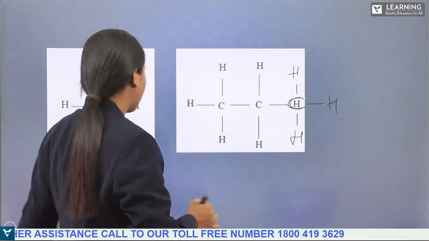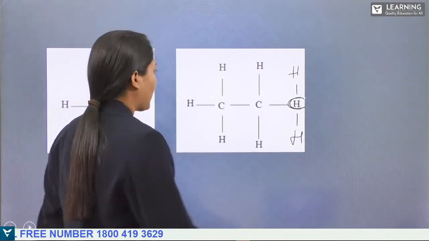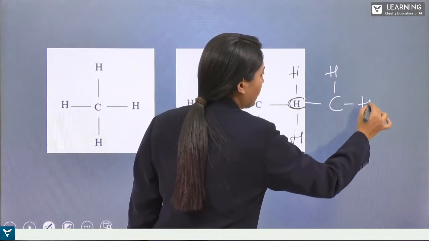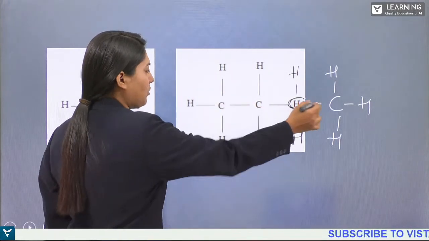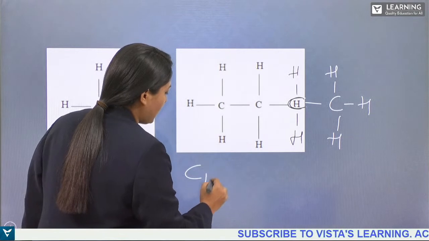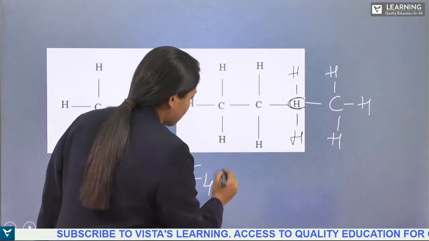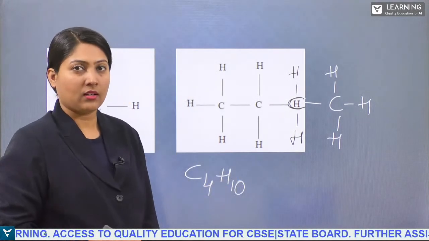If I remove this hydrogen and again introduce one more methyl group, what happens? 1, 2, 3, 4. So C4, and hydrogens 3, 4, 5, 6, 7, 8, 9, 10. So H10. So this is butane.